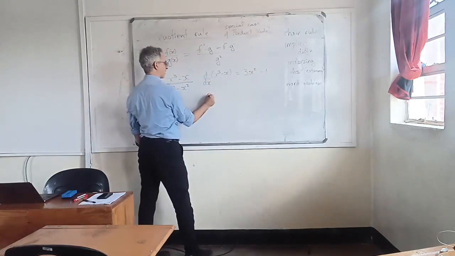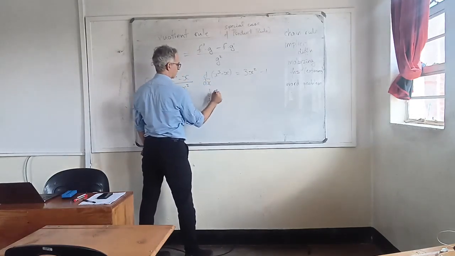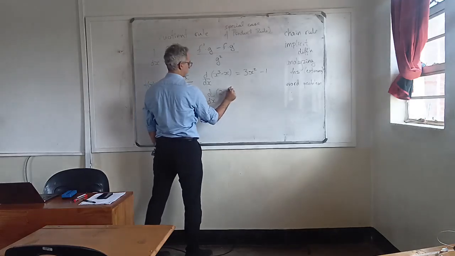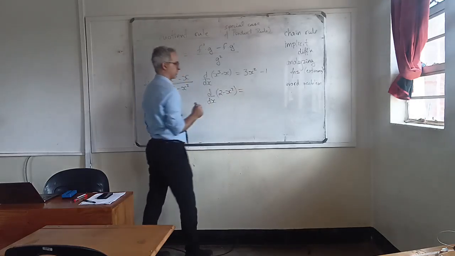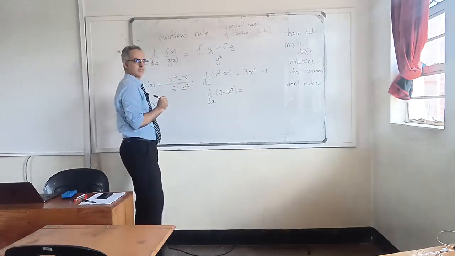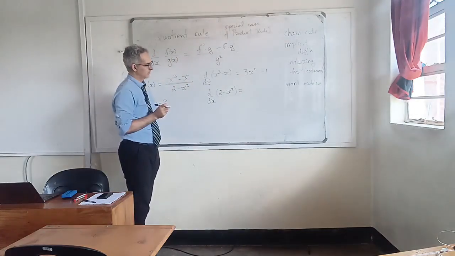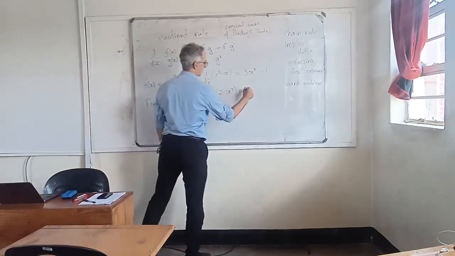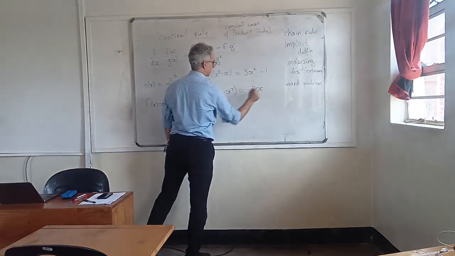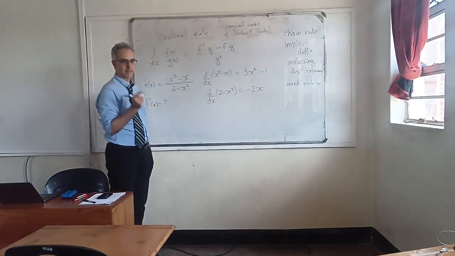Good. Now we do the same for the denominator, which is 2 minus x squared. What's that derivative? Negative 2x. How do we get negative 2x?